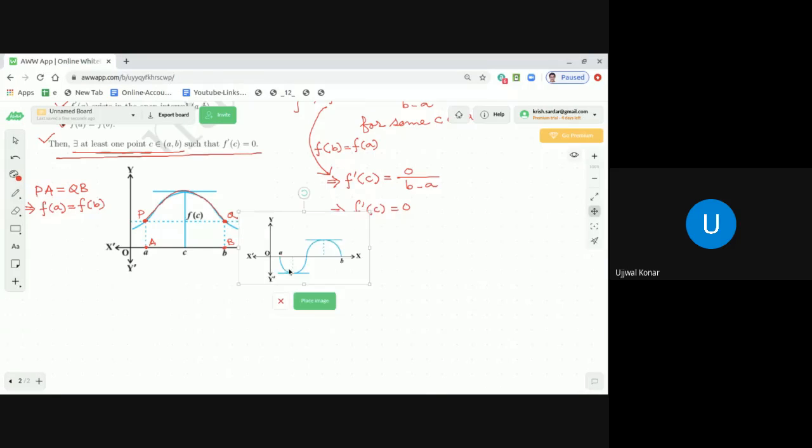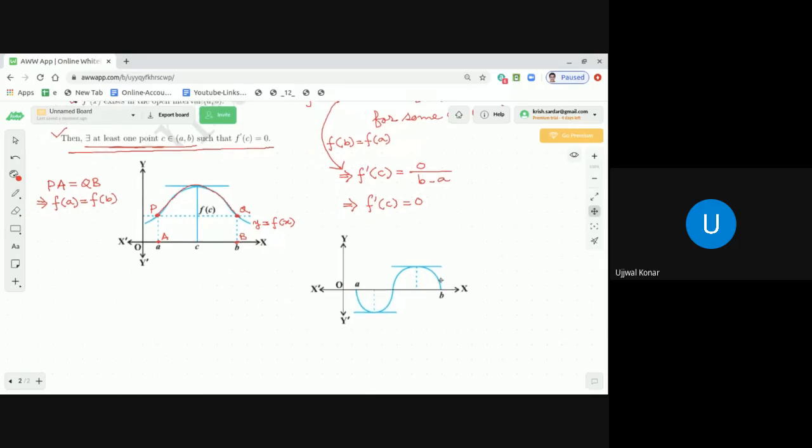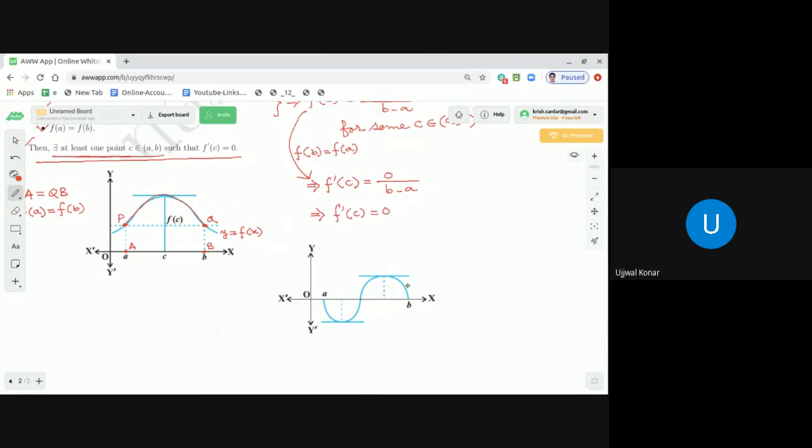What you see is that this function is y equal to fx, and the function is defined from x equal to a, means this point, till the point x equal to b. And the value of the function at fa is 0, equal to the value of the function at fb, that is also 0.